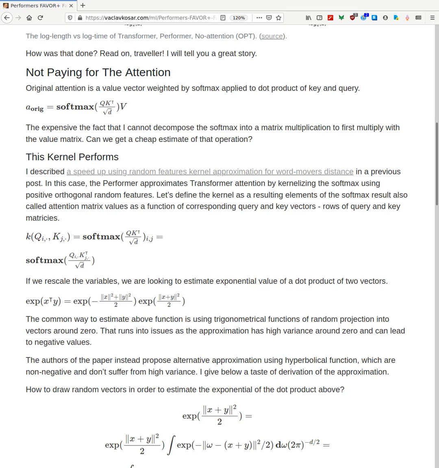We have some scaling, and we have this softmax that's multiplied by the value vector. The expensive part is that we cannot decompose losslessly the softmax into two matrices and first multiply with the value matrix and then with the Q matrix somehow. And if we could do this, we would get subsquared complexity.